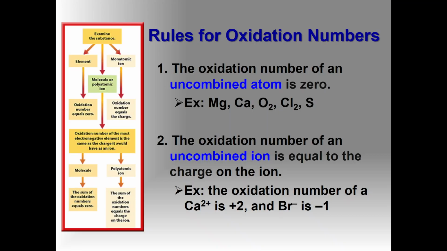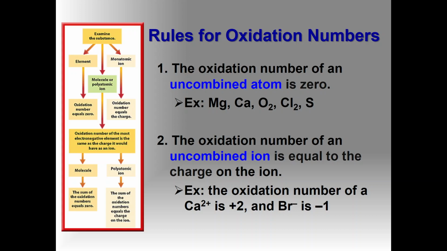So the oxidation number of an uncombined atom is 0. I guess this is another way of looking at it. It's saying O2 you can treat as having an oxidation number of 0 because it's covalent.